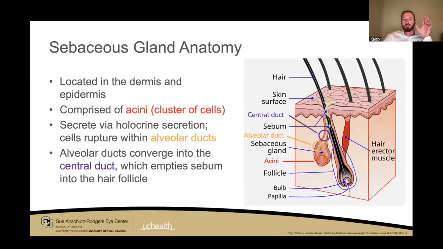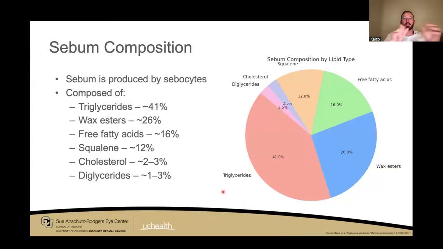The stem cells produce a sebocyte, which is filled with sebum. The sebum starts to enlarge and enlarge until finally it bursts. And that's going to release the sebum into the alveolar duct, then into the central duct, then it's going to eventually be released onto the surface of the skin. So it's secreting via holocrine secretion. And this is exactly what your meibomian glands are doing as well.